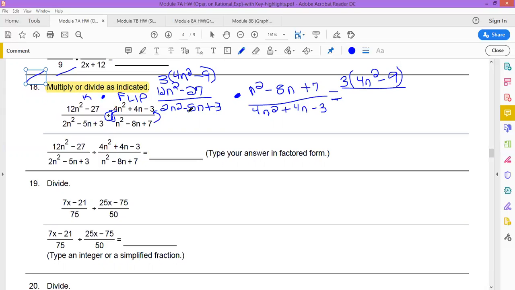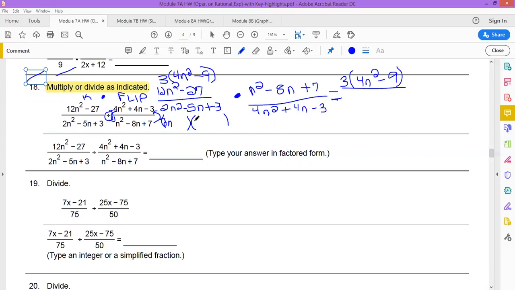Now let's look at the denominator. We have 2n squared minus 5n plus 3. I need to factor. So we're looking for terms that are going to multiply to give us the product of 2 and 3, and then when we add them, we should get negative 5. We can factor our 2n squared. 2 is prime, so we can only factor it using 2 and 1.